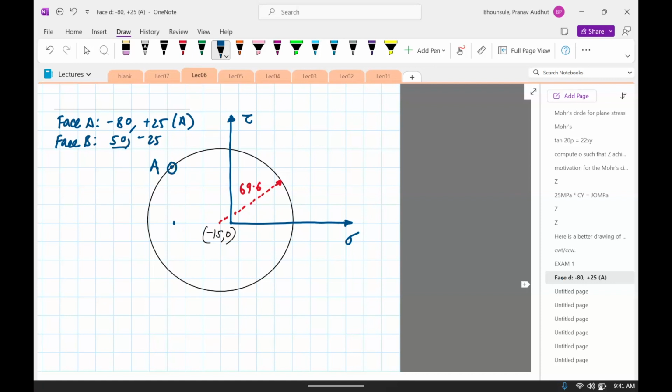Let's assume that 50 should be a similar distance. And then minus 25. That's P. And I need to join them, and that is basically the diameter. So it should pass through the center of the circle.